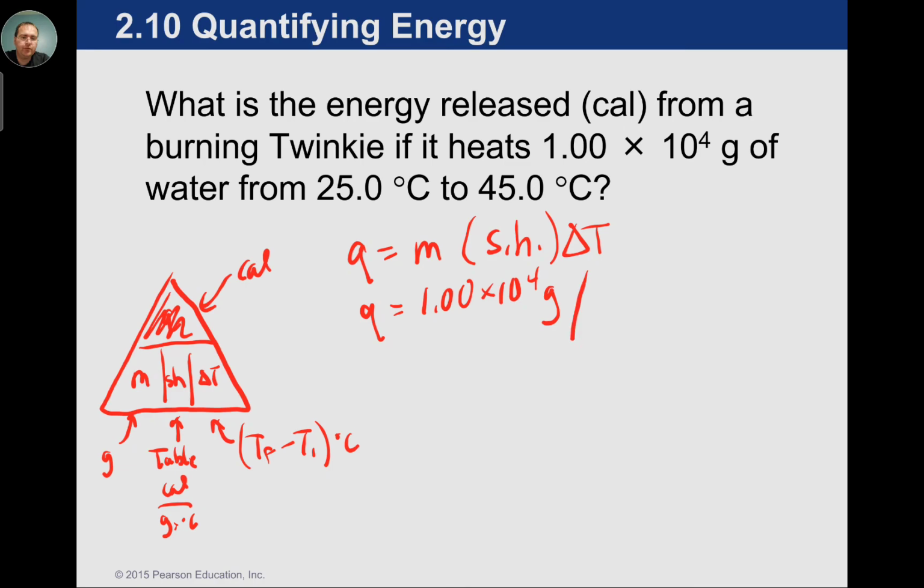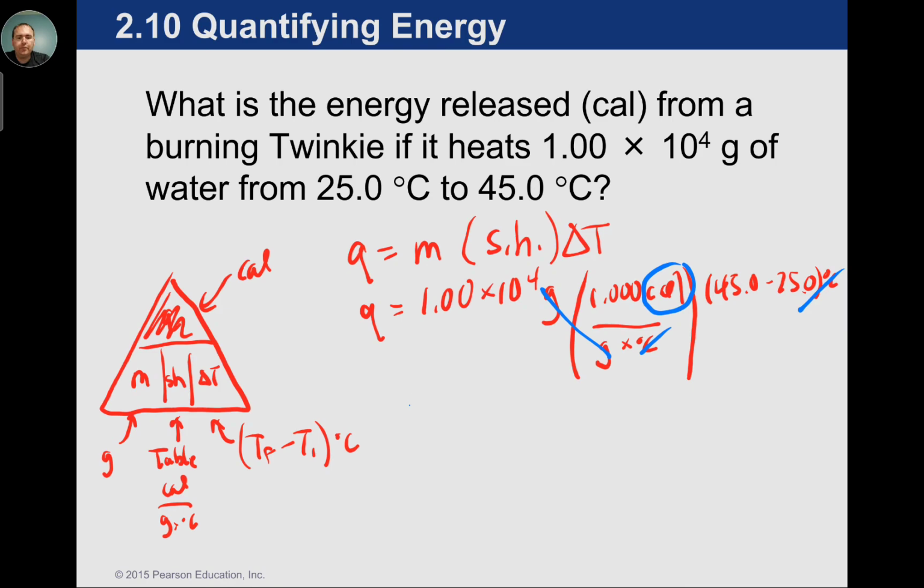We have the specific heat, which is the conversion factor. That's 1 calorie per gram of water times degrees Celsius of water raised. And then we have the temperature change of 45, subtract the initial temperature of 25 Celsius. So notice grams cancel and calories remain, and then Celsius also cancels.